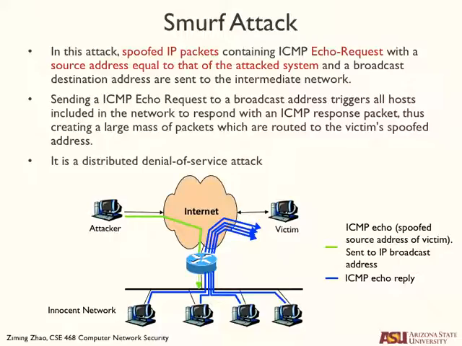If you want to ping me, it's okay, but you have to give me a unicast message. You have to specify which IP address you want to ping, not a whole block of IP addresses. So this is how we can defend against the Smurf attack.